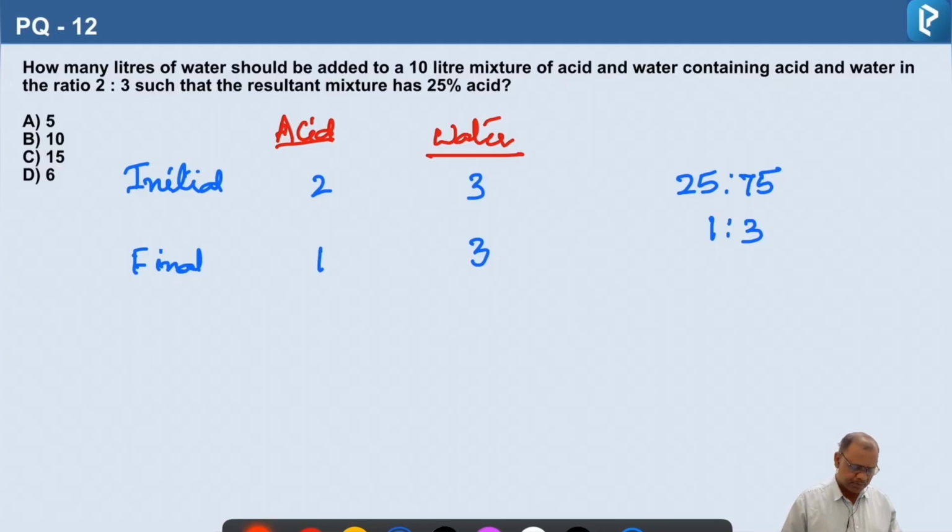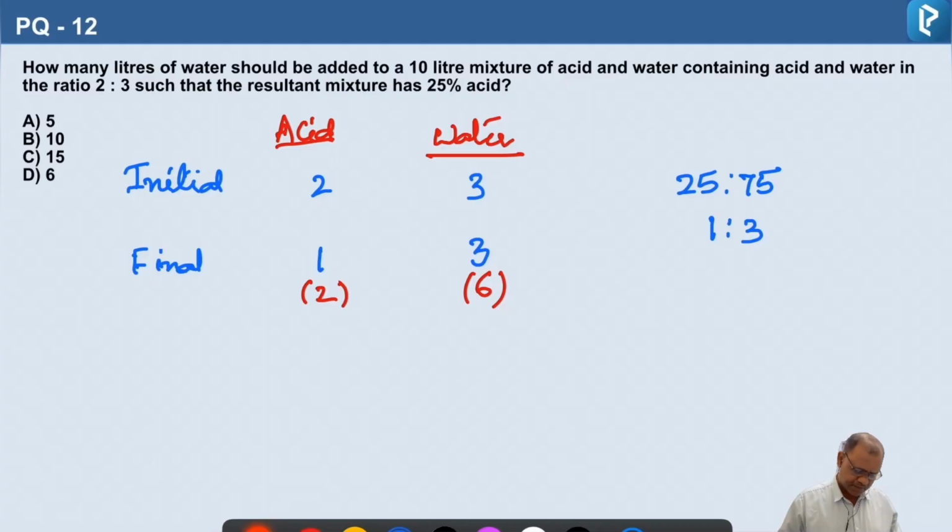So multiply both the terms of the ratio 1 and 3 by 2. So we will get this as 2 and this as 6. So acid is 2 parts in both the cases because there is no change in the acid content, and water is increasing from 3 to 6.